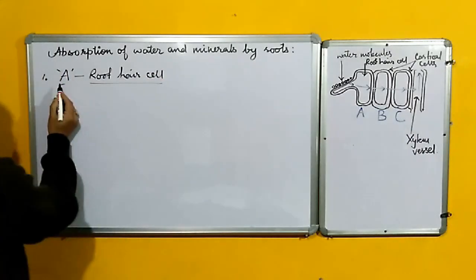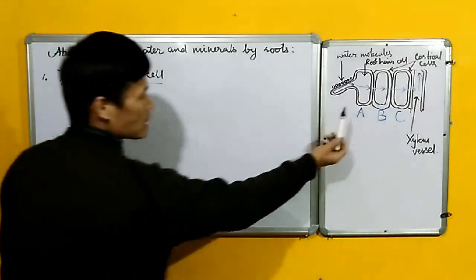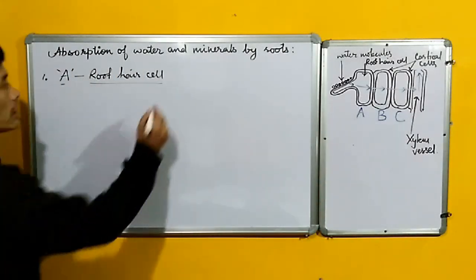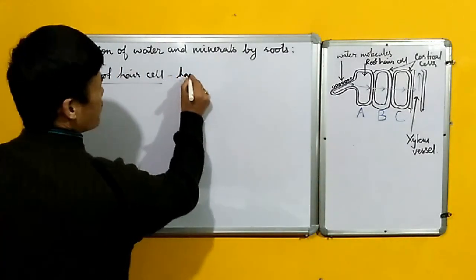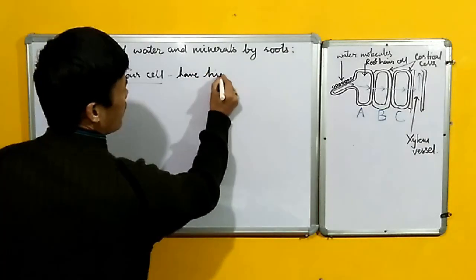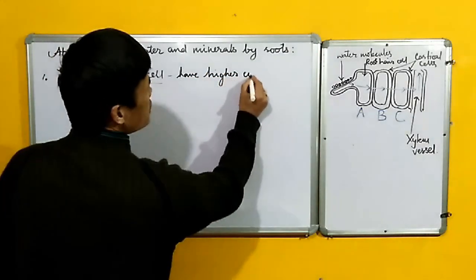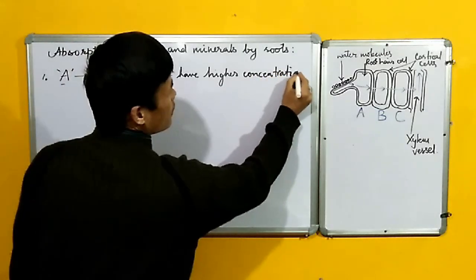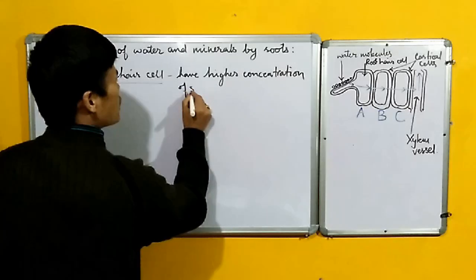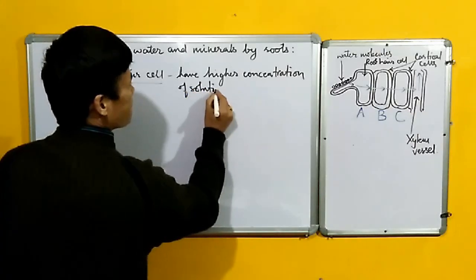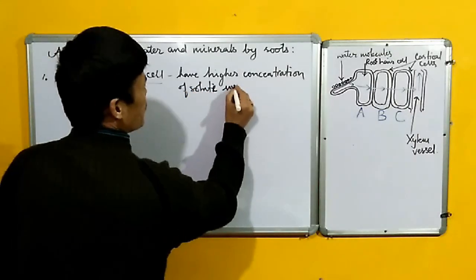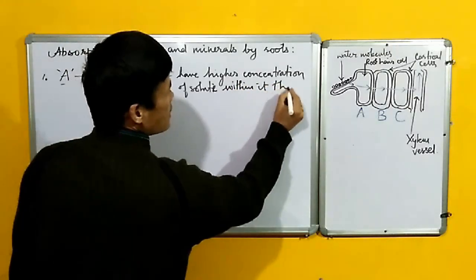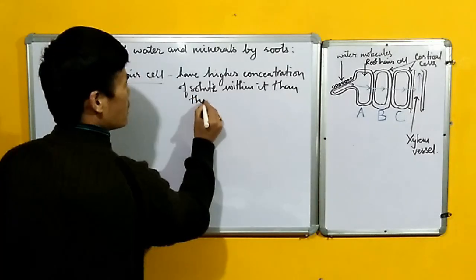Now if we consider this root hair cell, that is cell A, this root hair cell will have higher concentration of solute within it than the soil.